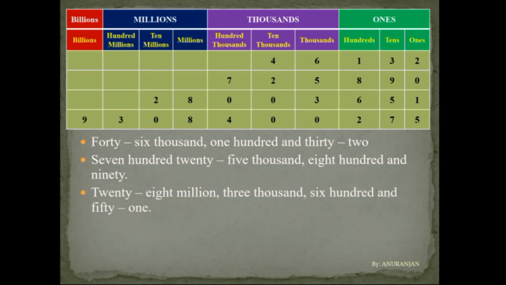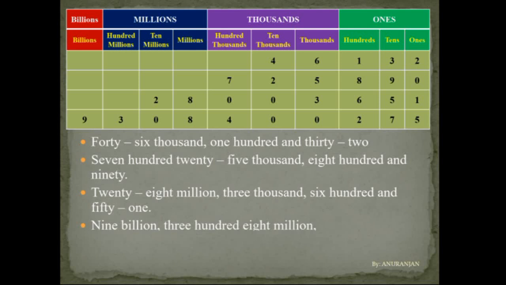Now let's take the fourth number. 9 is in which place? In billions. So we can say 9 billion. Then in the millions period we have 308. Means 3 is in 100 millions place, 0 in 10 millions place, and 8 in millions place. So we can say 308 million.